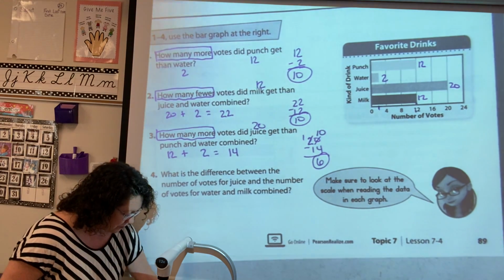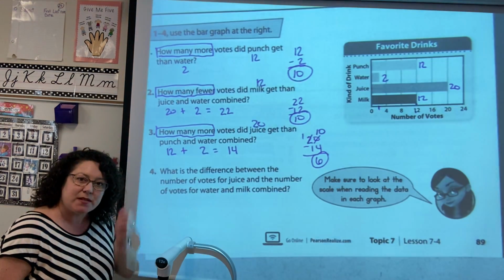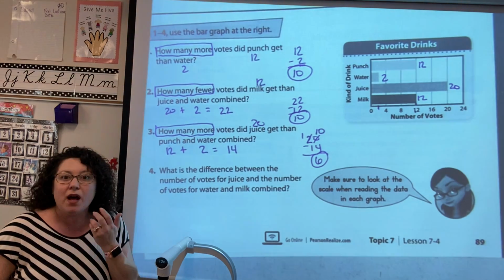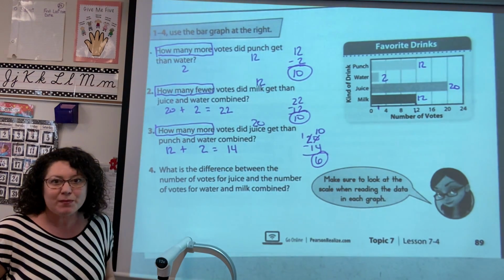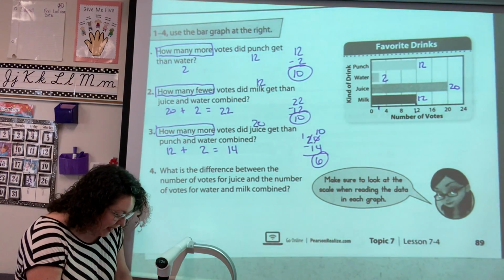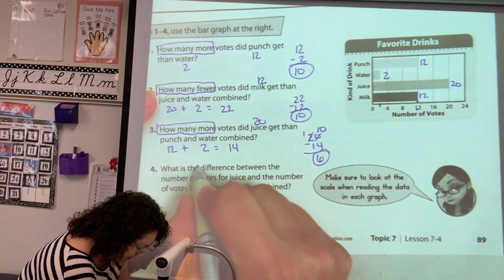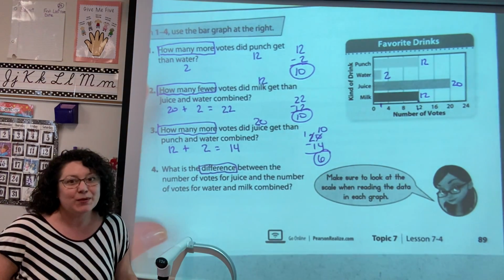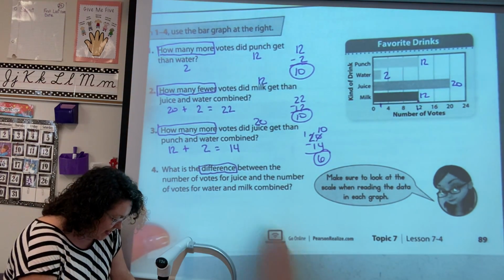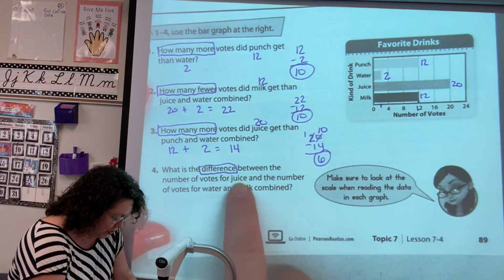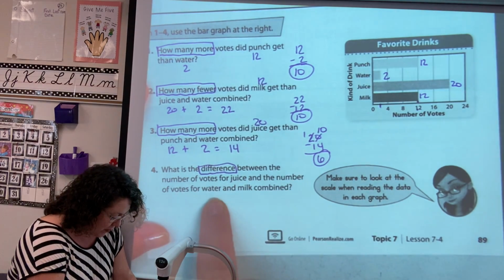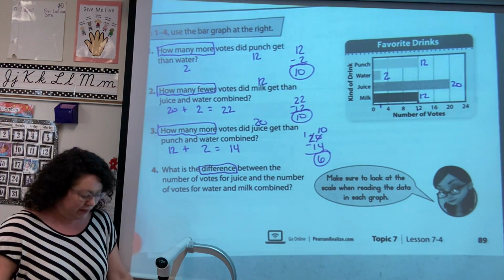Okay? So looking at all the pieces of data carefully. Now, this is a longer problem right here, so I'm probably going to have to read it more than once. What is the difference? Clue word. We should know what that means. What is the difference between the number of votes for Juice and the number of votes for Water and Milk combined?